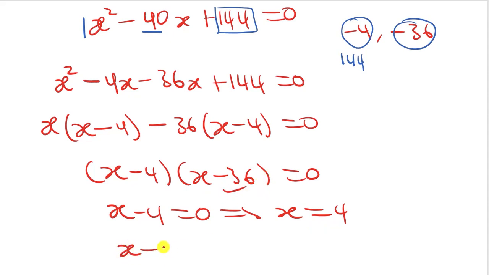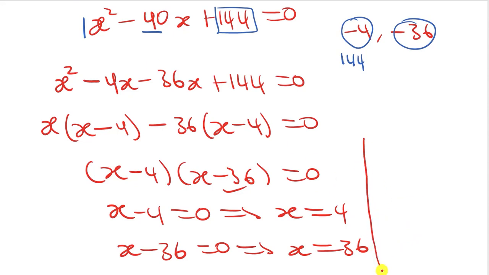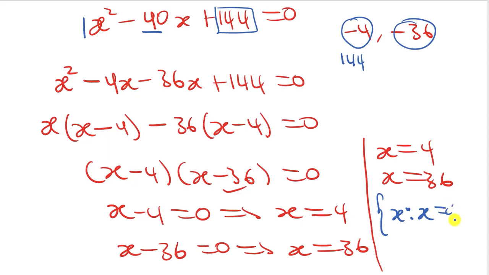So x minus 36 being equal to 0, which implies that x is equal to 36. That means that when we solve this equation, we are going to get x being equal to 4 and x being equal to 36. Therefore, we have our truth set as x equal to 4 and 36.